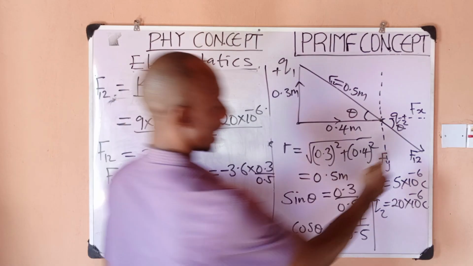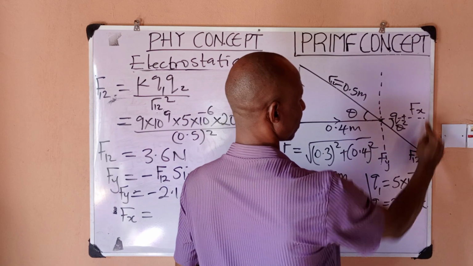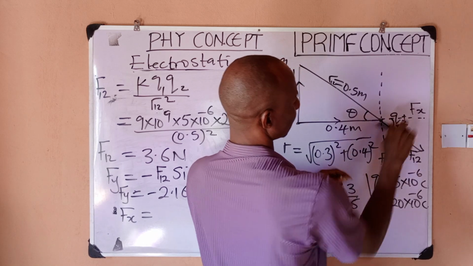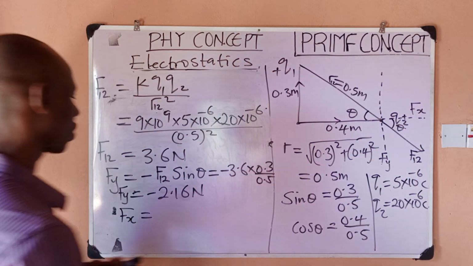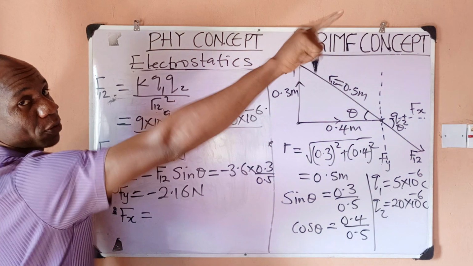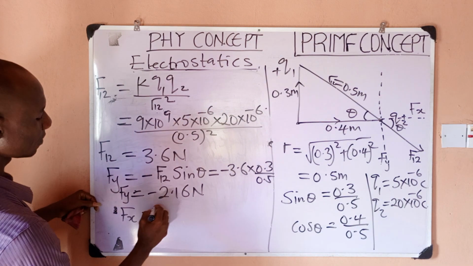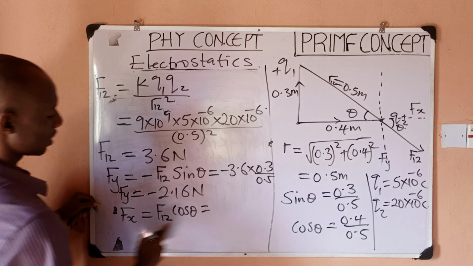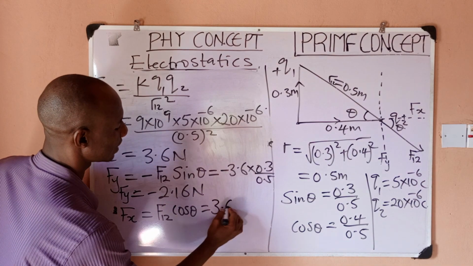The next I want to get is Fx. Fx simply means I would resolve this, I'll take this to this point. And when I'm taking this to this point, you would notice I'm closing that angle, closing theta. So I'll use cos. And it's pointing towards the positive x-axis, so it's positive. So I have F12 cos theta. So what is my F12? 3.6.